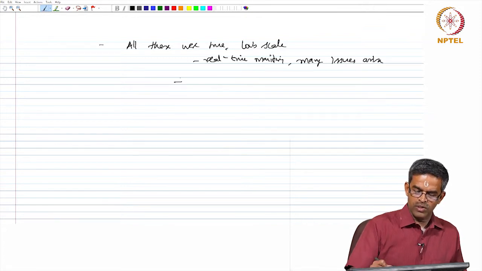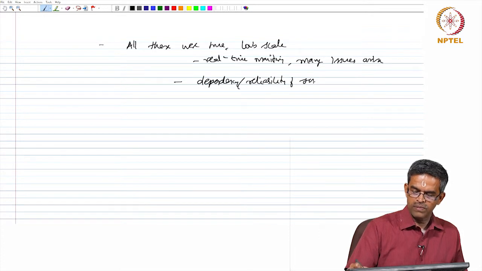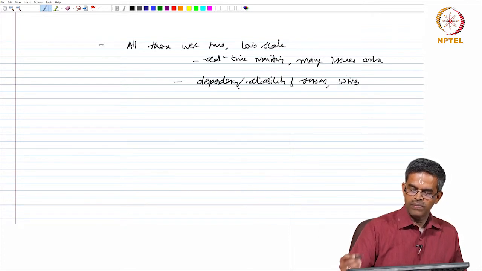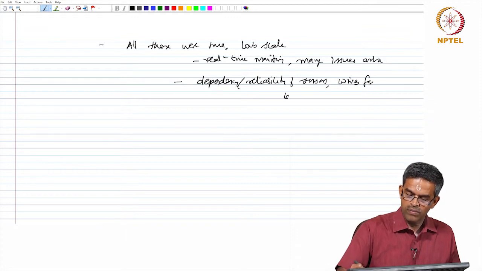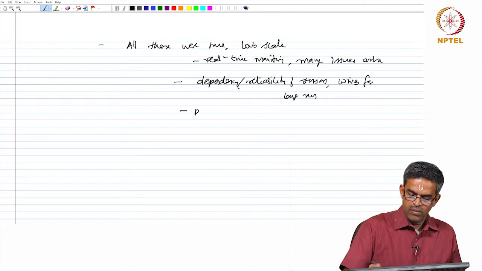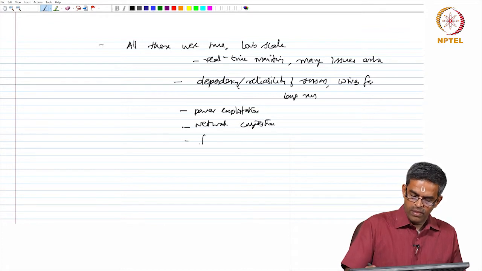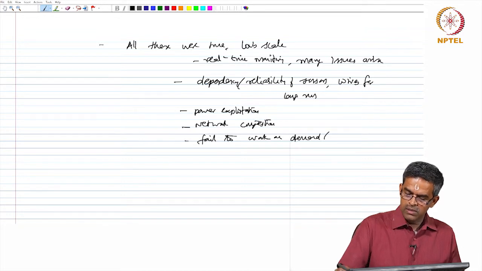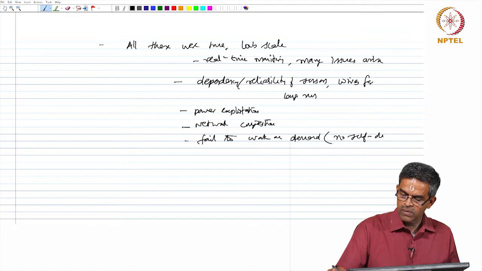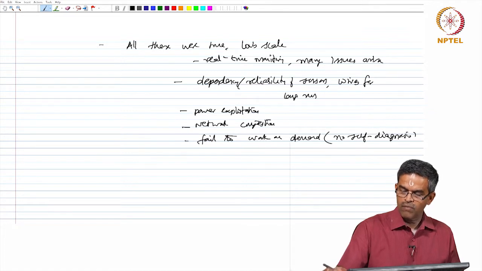One of the foremost issues is dependency or reliability of sensors and wires for a long run. Power exploitation, network congestion, and failure to work on demand, that is, there was no self diagnosis of the sensor.